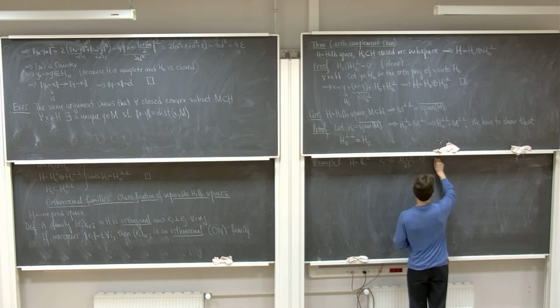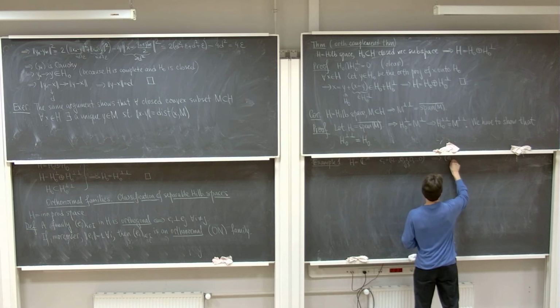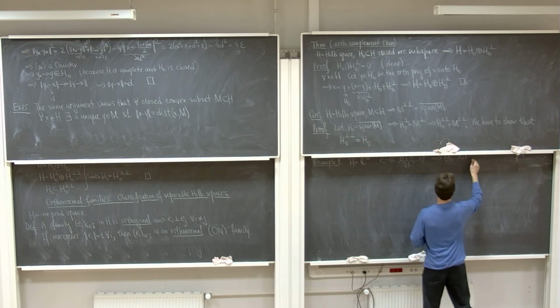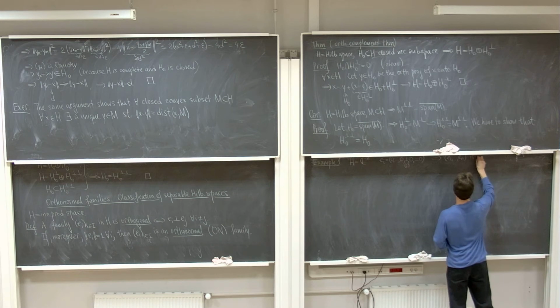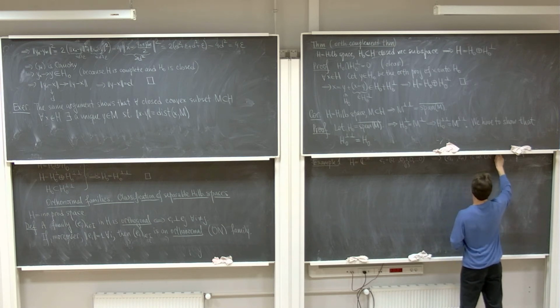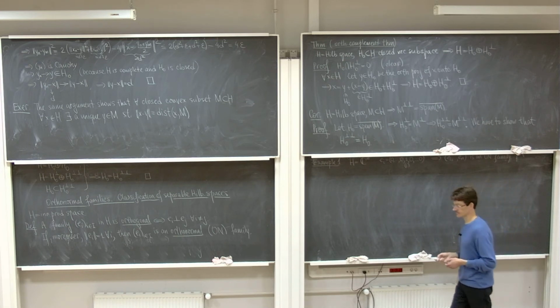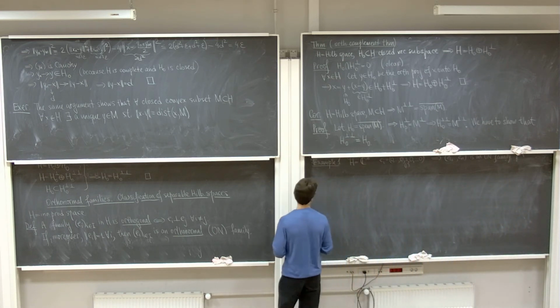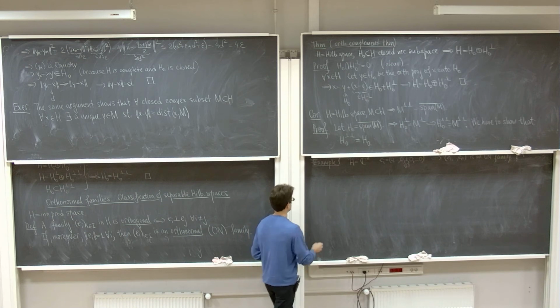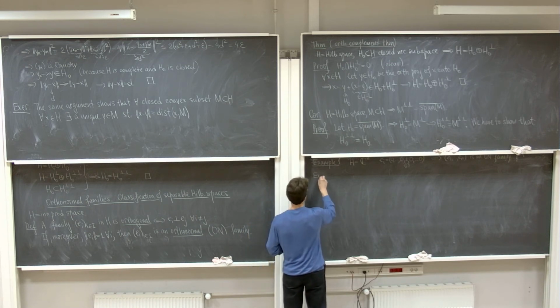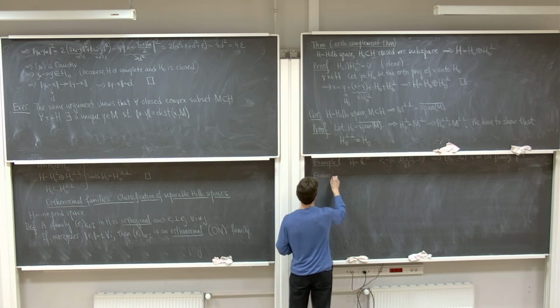And then it's immediate that e_1 to e_n is an orthonormal family. Example 2 is similar to example 1, but it is infinite dimensional.